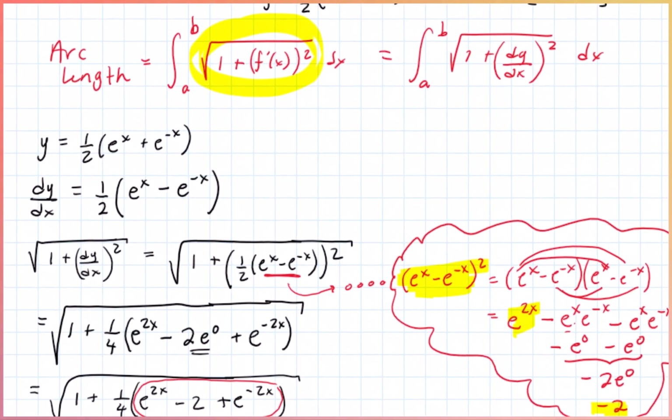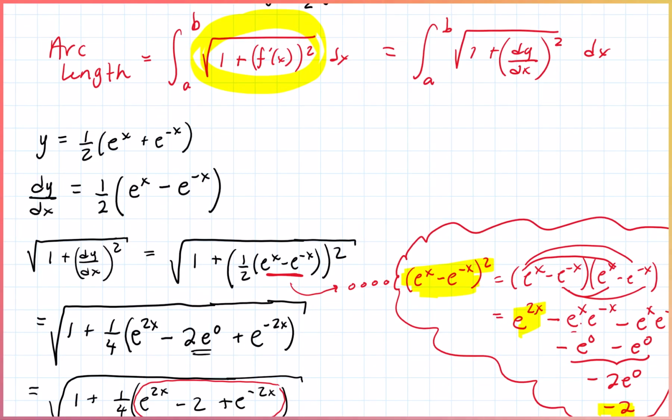You could have actually avoided most of this algebra if you had noticed that this right here is 1/2 e to the x plus e to the negative x, that is exactly how the hyperbolic cosine of x is defined.